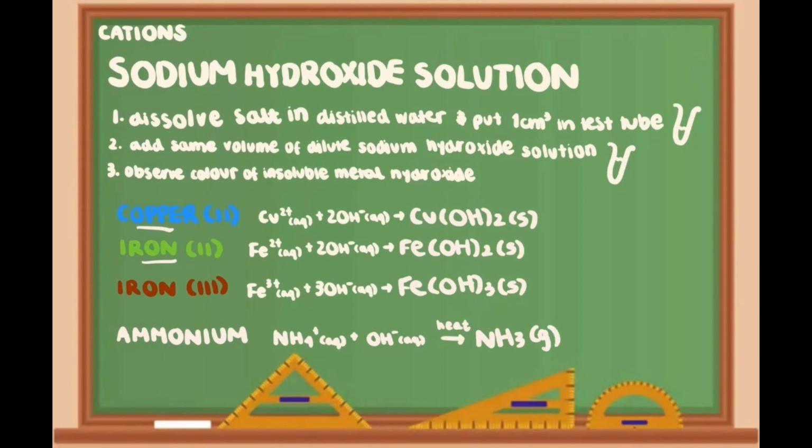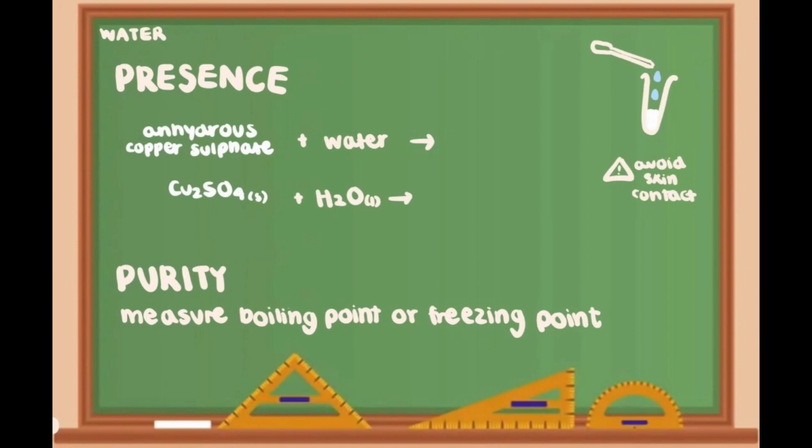Previously in the video, I told you how to test for ammonia gas, so you're going to carry out that exact test. You can see here, water is also formed, but what we're really focused on is the ammonia gas, which we can test. And if you remember, it's the red litmus paper. If that red litmus paper turns blue, that means that an ammonium ion was present in the salt.